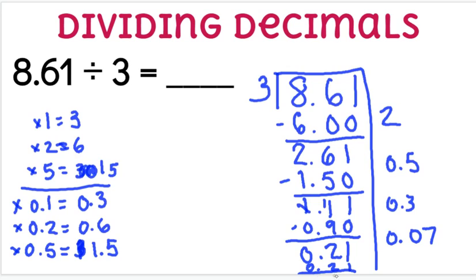And when we subtract, we get 0. So if we add up our partial quotients, we would have 2, 8/10, and 7 hundredths. So 8 and 61 hundredths divided by 3 is 2 and 87 hundredths. So you can use partial quotients as a strategy to divide decimals as well. And those are our strategies for dividing decimals.